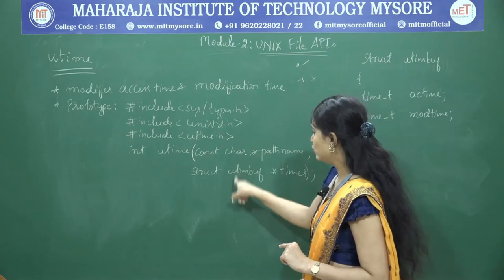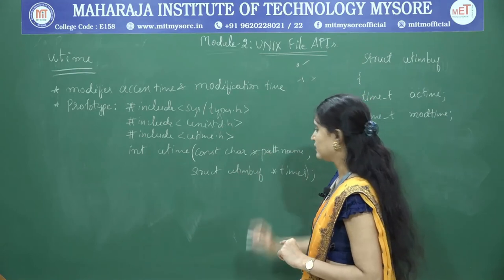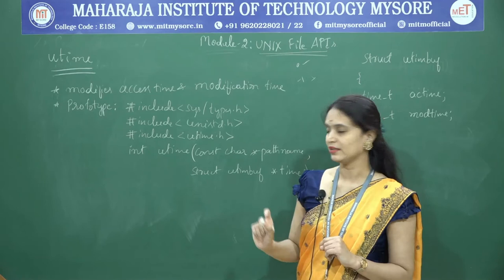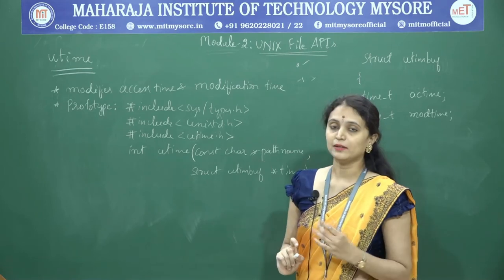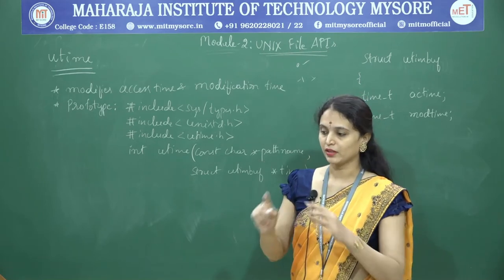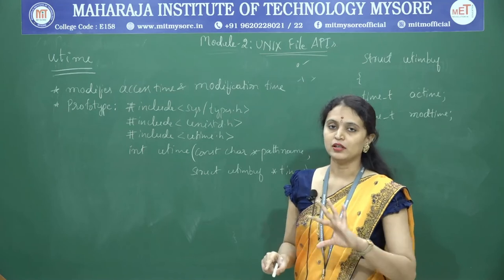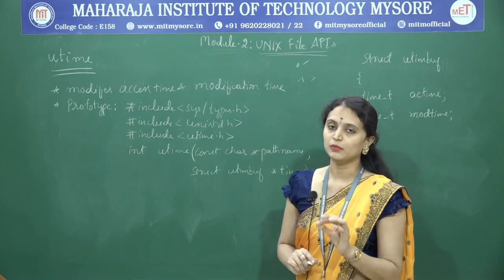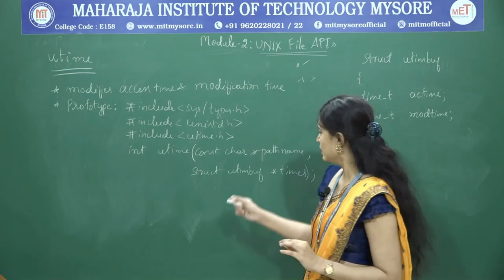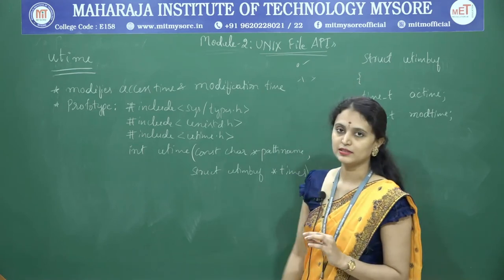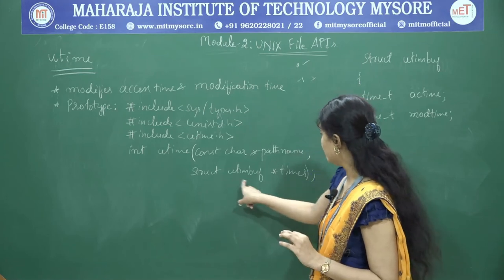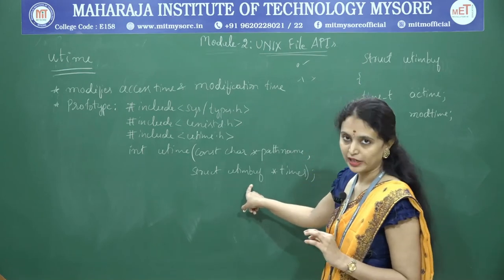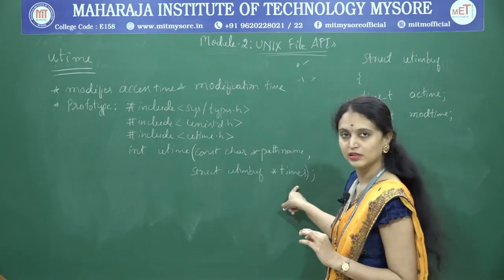There are two parameters, or two arguments. The first one is the path name. The path name specifies the name of the file on which we have to modify the access time and the modification time. The second argument is a pointer to a variable of type struct utimbuf, star times.